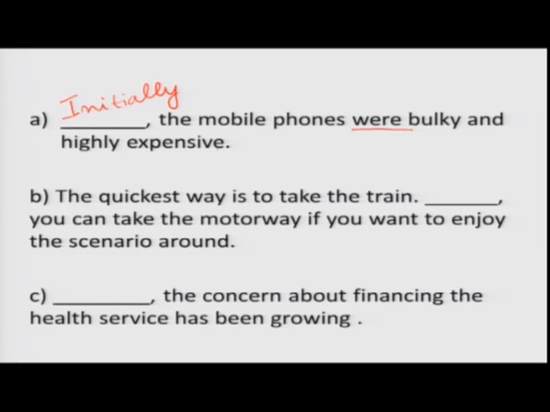Look at the second one: The quickest way is to take the train. Blank, you can take the motorway if you want to enjoy the scenery around. Look at the context, there is a clue there. You are talking about train and motorway. So, there are two options to get to some place.